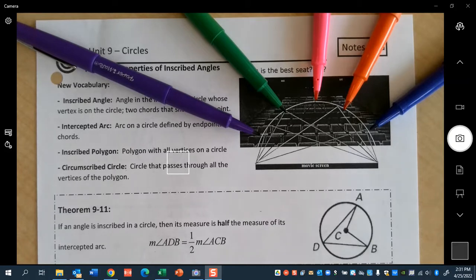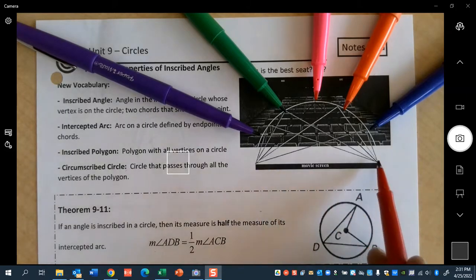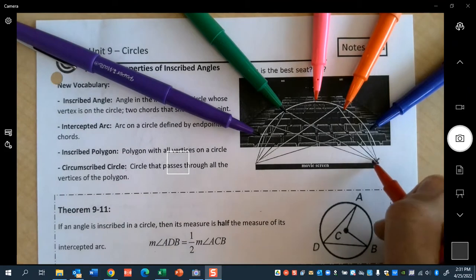They all have the same view angle to the screen. Your movie screen, I want you to think of it as a diameter.